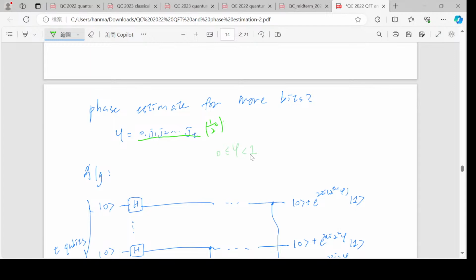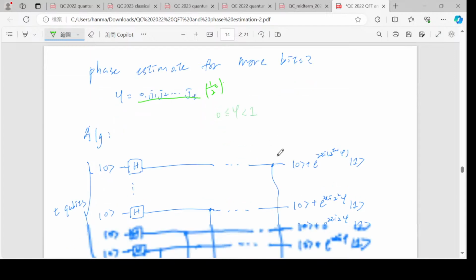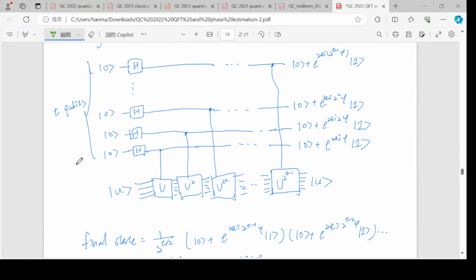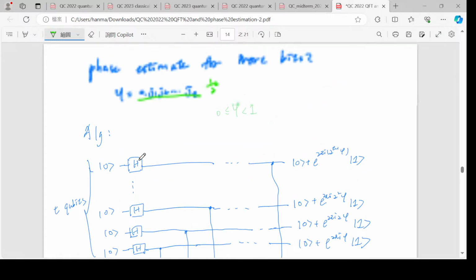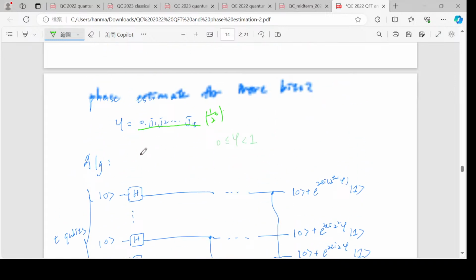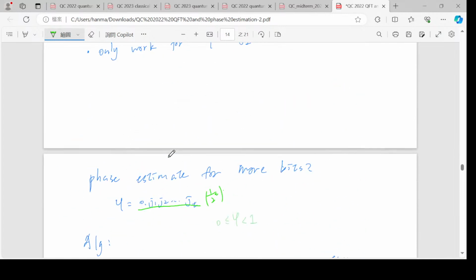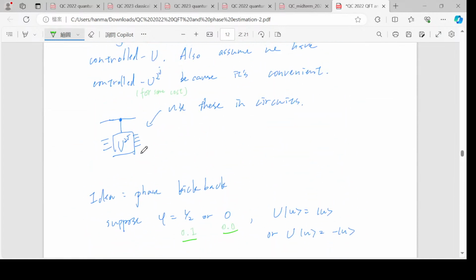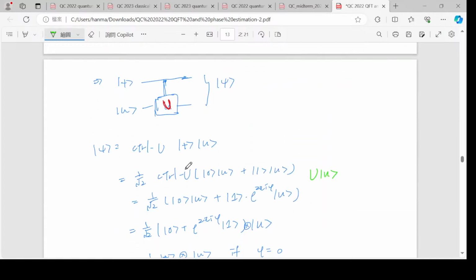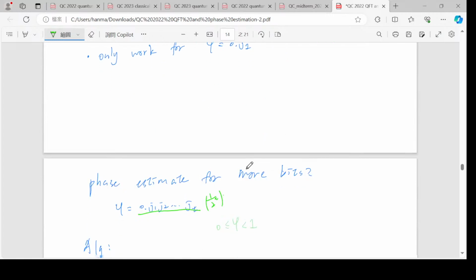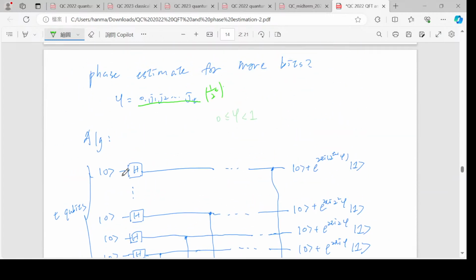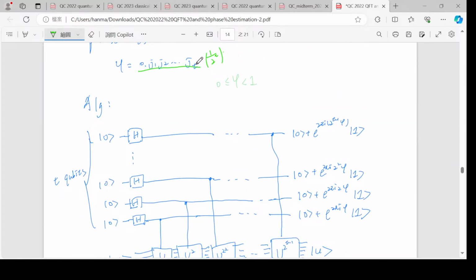Now finally we can use our Fourier transform, because the circuit to do phase estimation is this. You will have T qubits here. This makes sense because when we have 1-bit precision, we have 1 bit to record 0.j1. Now with T bits, we want the T qubits to record j1 to jT.